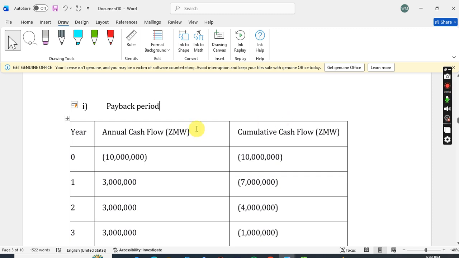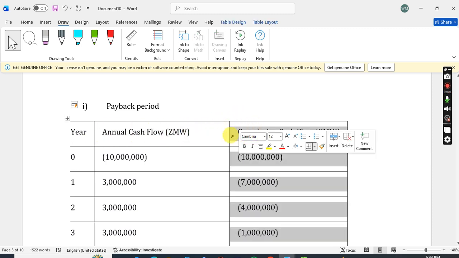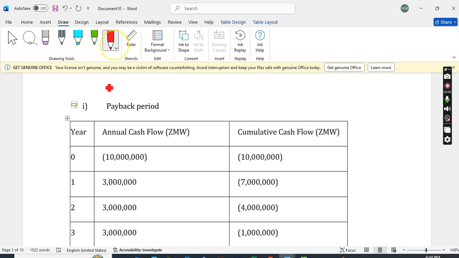You make 3 columns here: your years, the annual cash flow, and the cumulative cash flow. Year 0, which is the first day of year 1, you're paying this 10 million. That's why it's represented as a negative value. When it's in brackets, it's a negative value. So on the cumulative cash flow, you put negative 10 million.